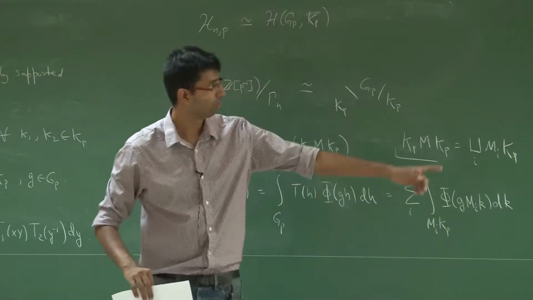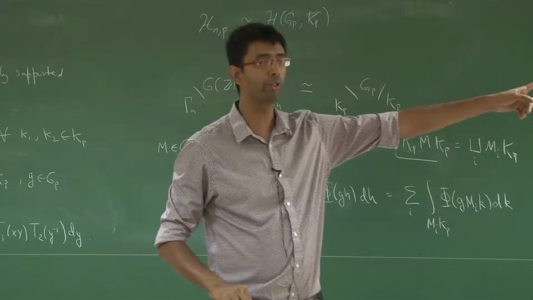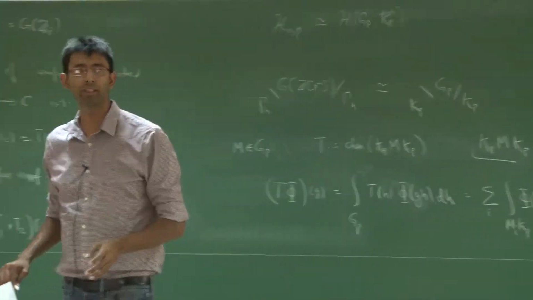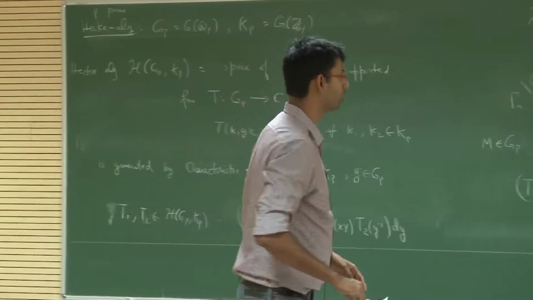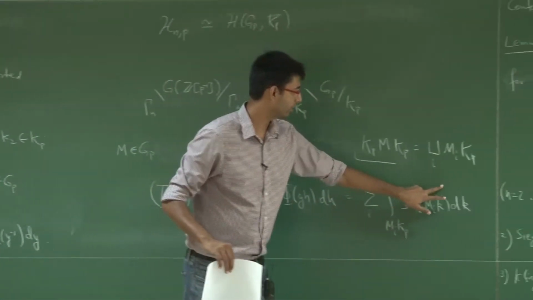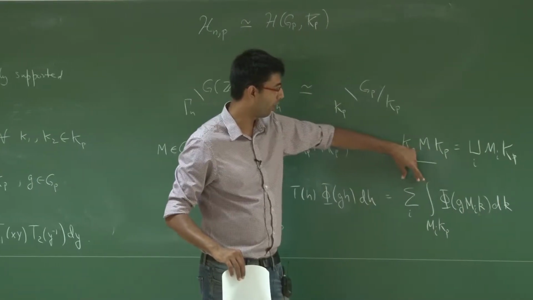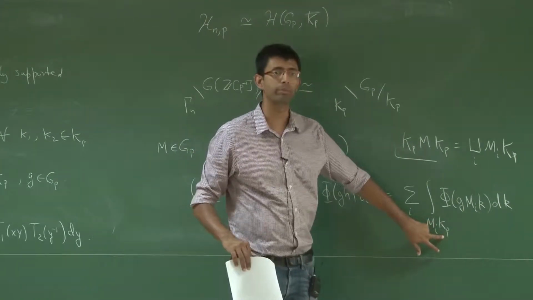But what about phi property number 2? If I multiply on the right by K_p elements, it's gone. So this function that I have here is independent of k, it just comes out, and all I get is an integral over K_p.